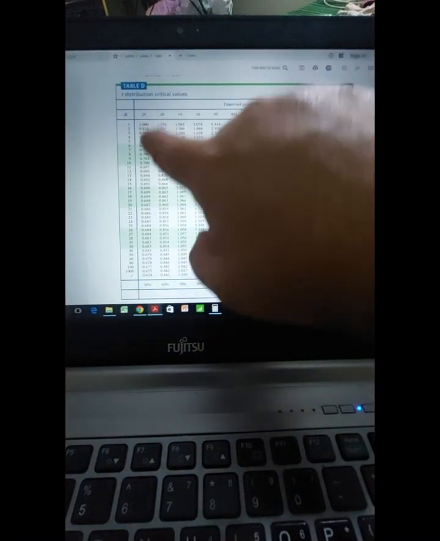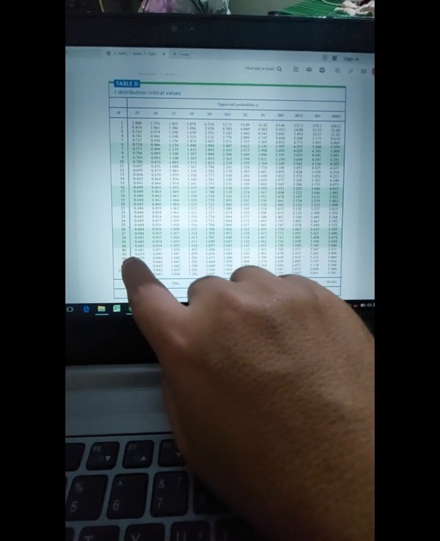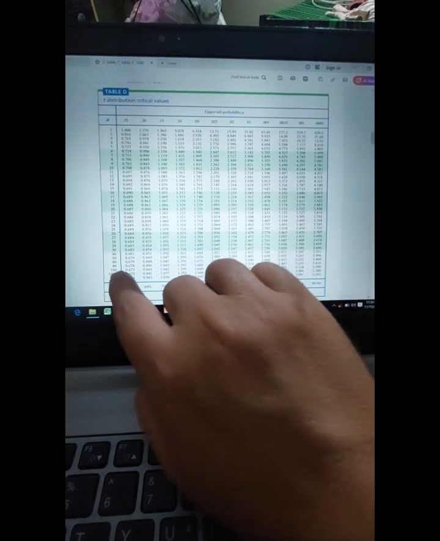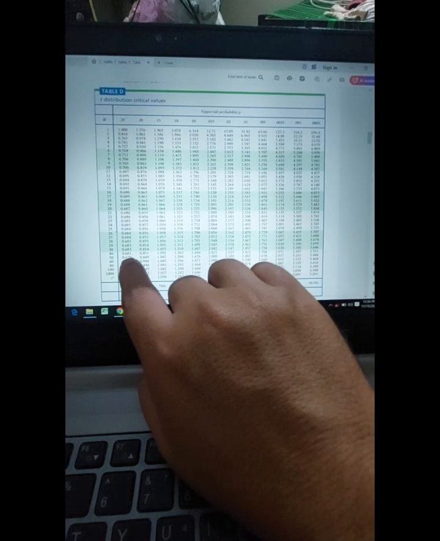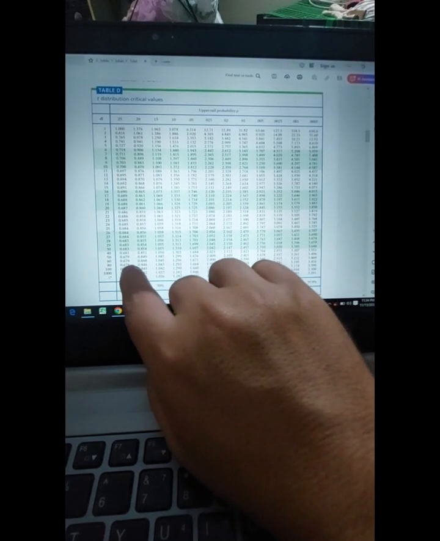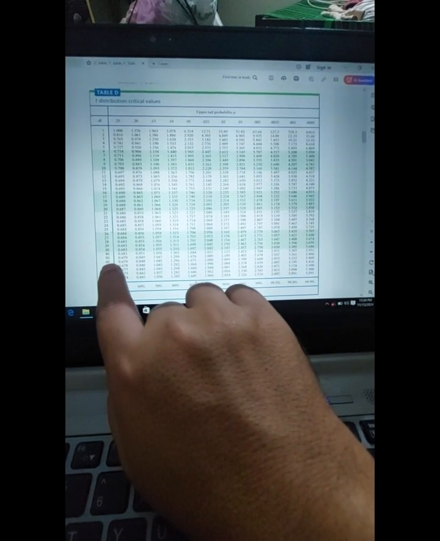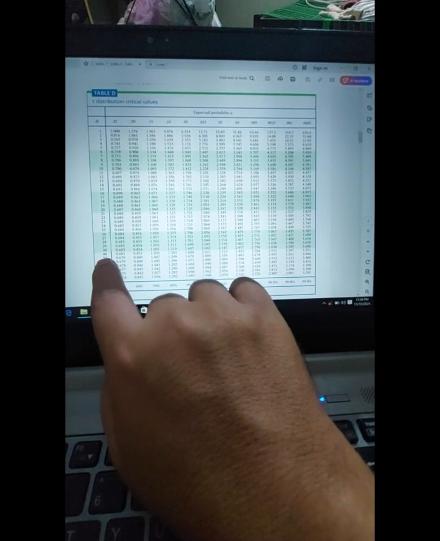Okay, so here the degree of freedom is, we don't have a 55 over here, but let's, because after 50 it is somewhat like equal. Okay, so it will be equal for 50 and 55. Okay, because for 50 and 60 it is equal, almost equal.